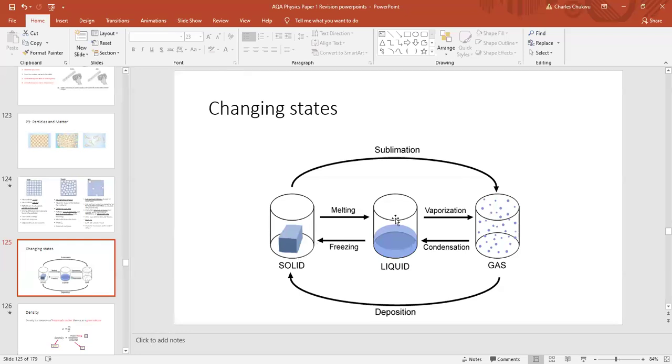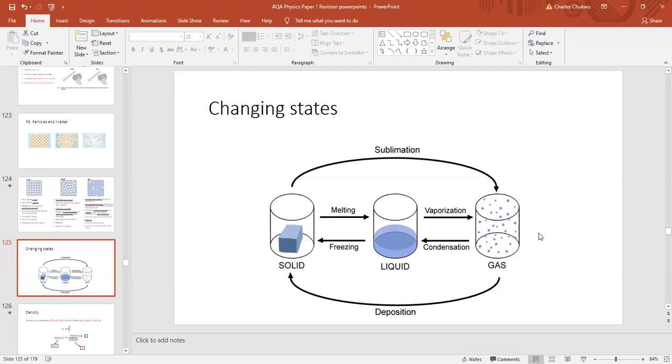All right, so this is basic knowledge that you should know. When you heat a solid, it melts to give you a liquid. If you heat the liquid further, it vaporizes or boils at the boiling point to become a gas.